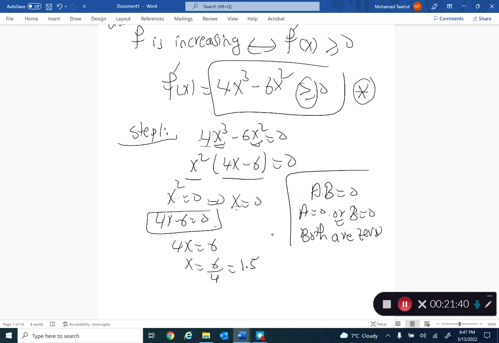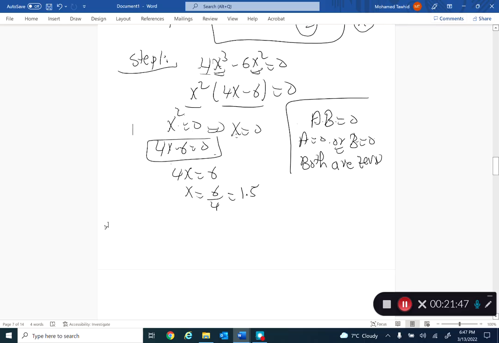I make the inequality equal to 0 and solve for x. Then step number two: here is the entire real line.